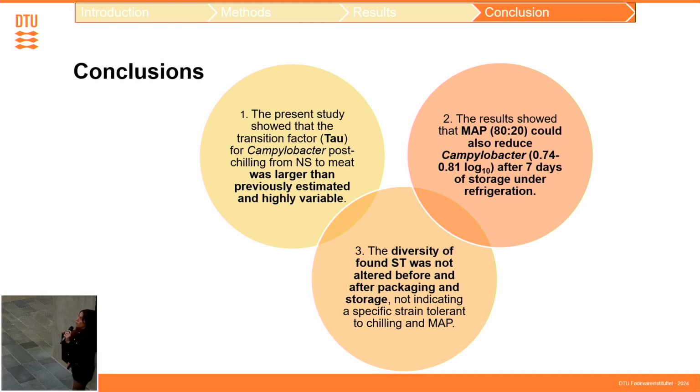And we couldn't find diversity in the strains, but we have to mention that the chickens were conventional, so there are fewer different sequence types, because they have less contact with the environment. If we have only one sequence type in one flock, we didn't expect to find another one after 8 days of refrigeration, for example.